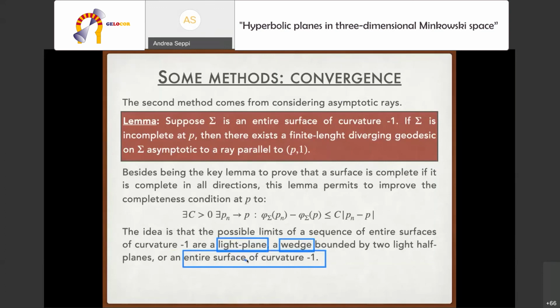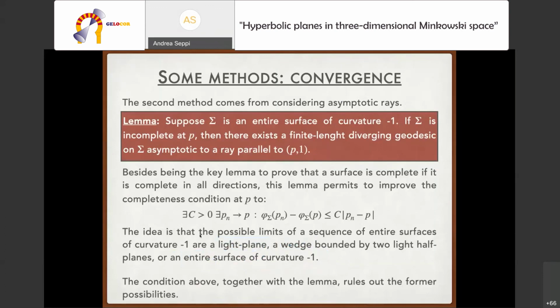Of course, here there are many, many things that can occur. But basically, the light plane and the wedge are the two degenerate cases. And if these are not limits, then the only possible limit up to a subsequence is an honest entire surface of curvature -1, a smooth one.